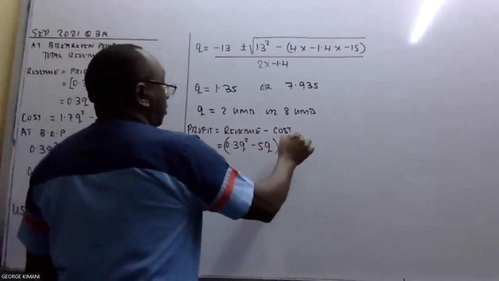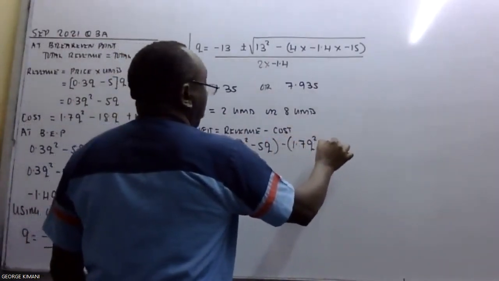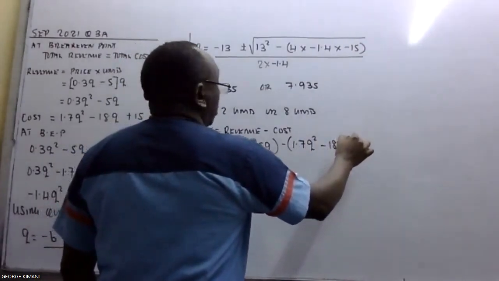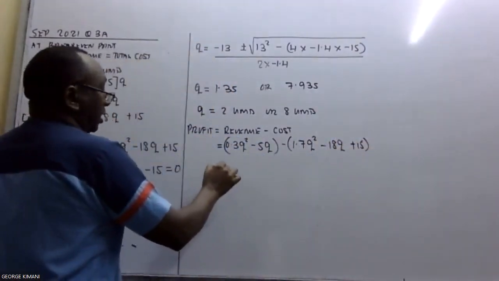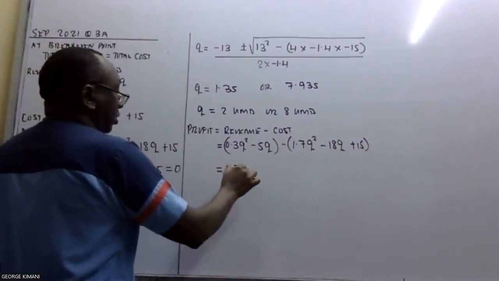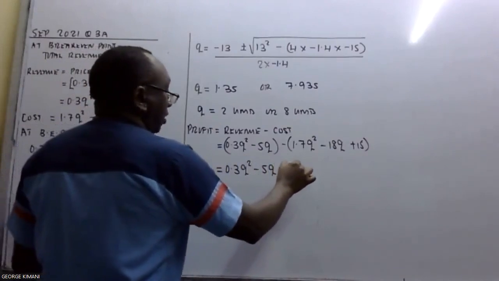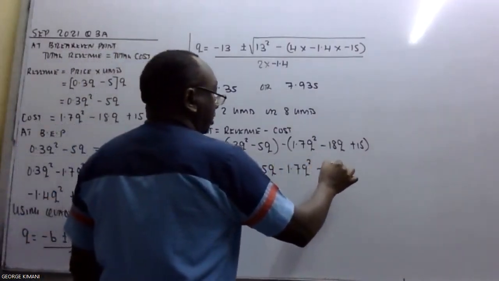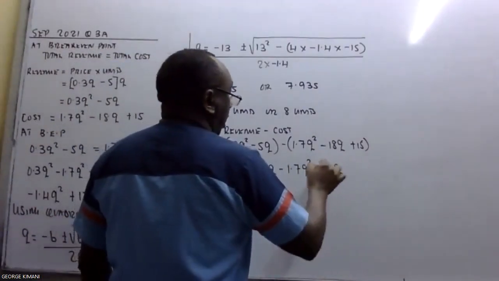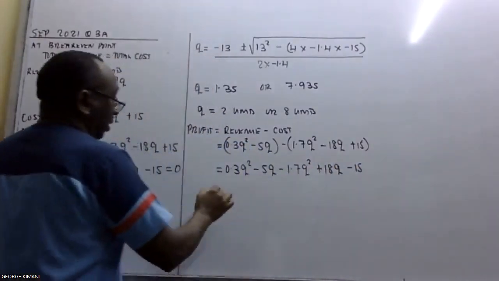The cost is 1.7Q squared minus 18Q plus 15. So opening the brackets, this is 0.3Q squared minus 5Q minus 1.7Q squared, minus 18Q, that is plus, and this is minus 15.